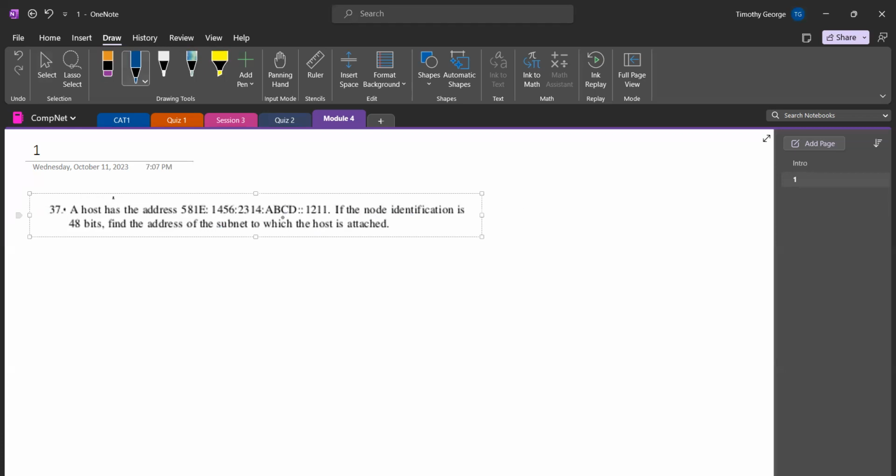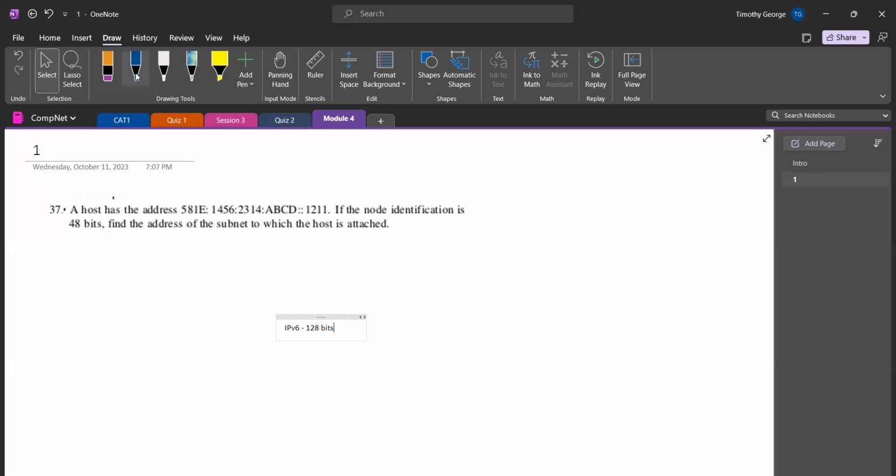If node identification is 48 bits, find the address of the subnet to which the host is attached. So first thing when you see this address, you know it's IPv6, right? And so it should have a total of 128 bits, right? And you can see they've given us 4, 8, 12, 16 of the first bits.